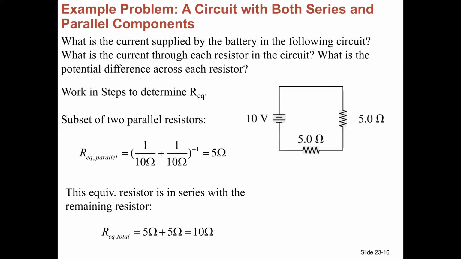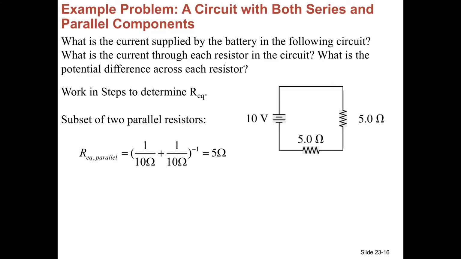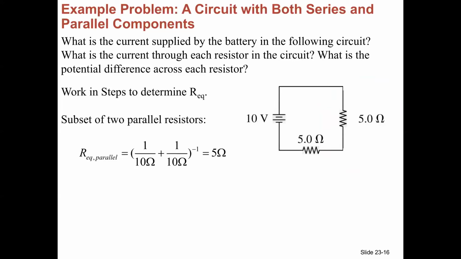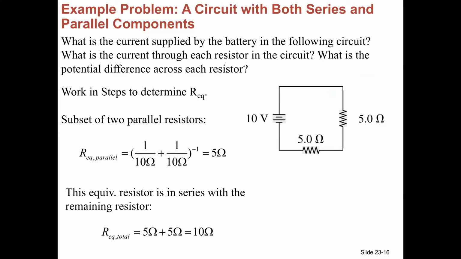So notice the step here. We do this equivalent resistor process twice. Going back, we start with 3 resistors arranged like so, replace those 2 with their equivalent, and then of the remaining ones, we can replace those 2 with an equivalent resistor of 10.